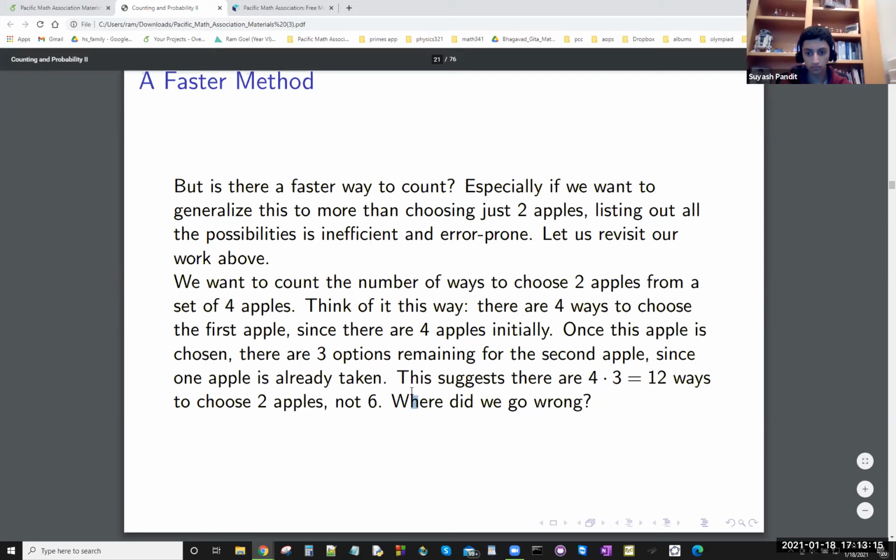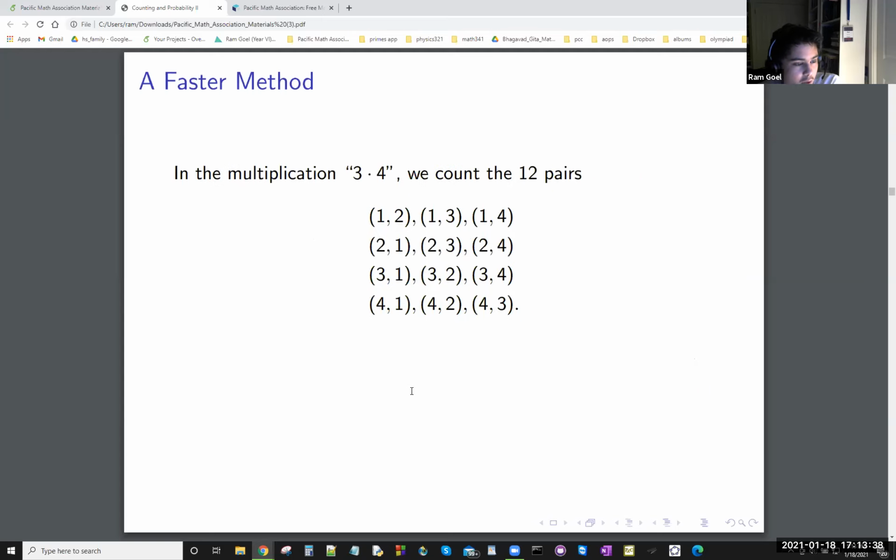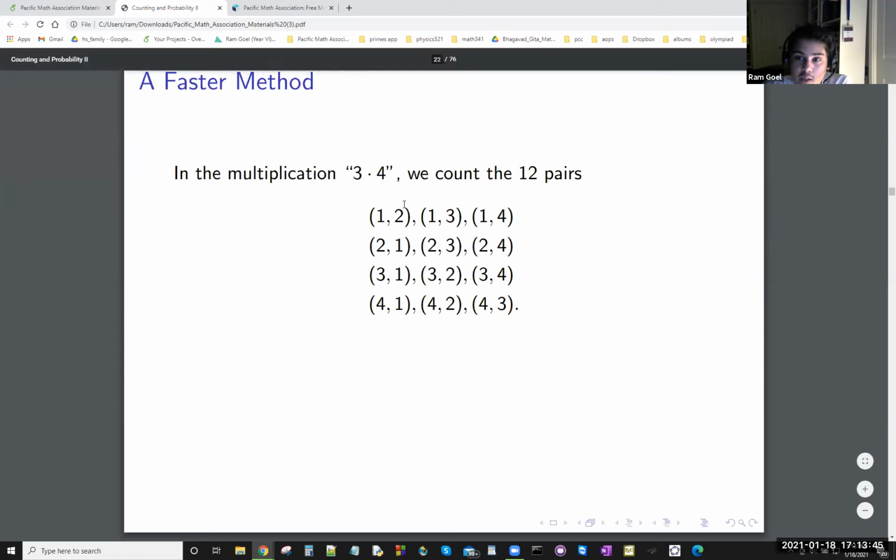A hint is that order does not matter. So apple 1 and apple 2 is the same as apple 2 and apple 1. Okay. So some people are saying we overcounted. So where did we go wrong? In the multiplication 3 times 4, what we're really doing is saying, okay, let's say the first apple is a 1.